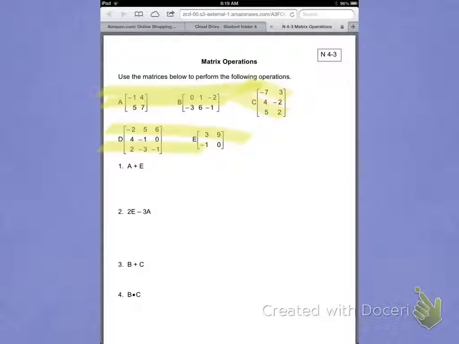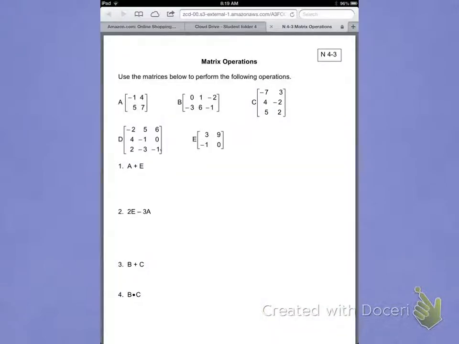So let's go on. Here we want to do A plus E. Well, first you have to look because, remember, in order to add matrices, they have to be the same dimensions. Well, A and E are both 2 by 2, so we can do that.